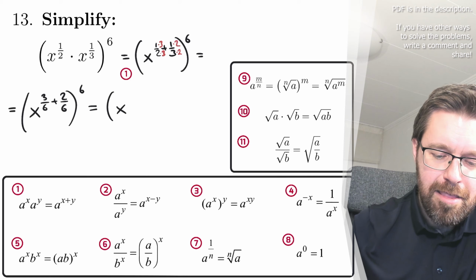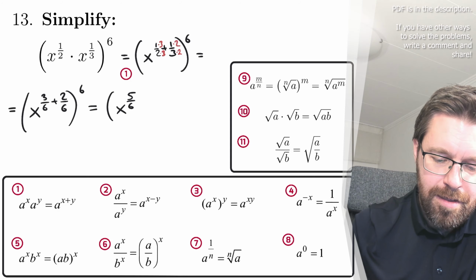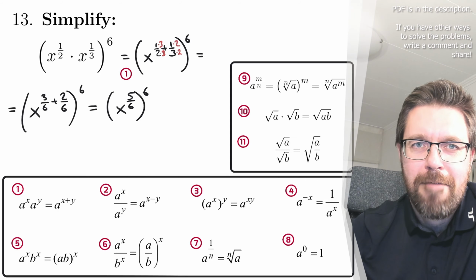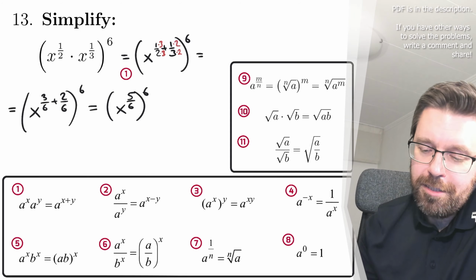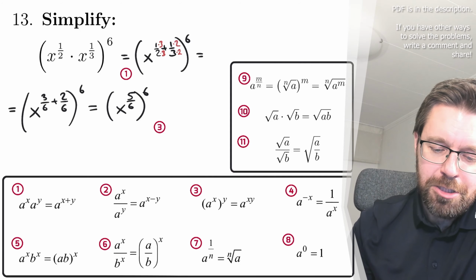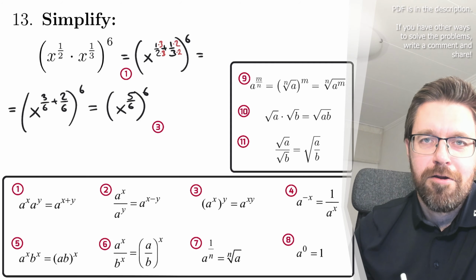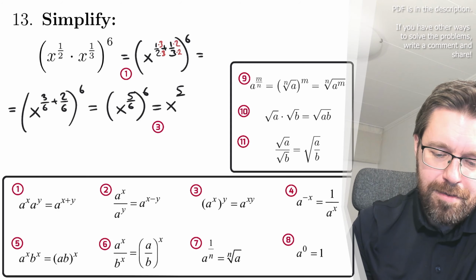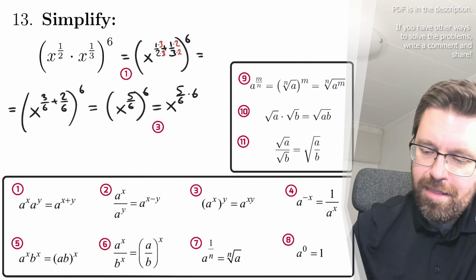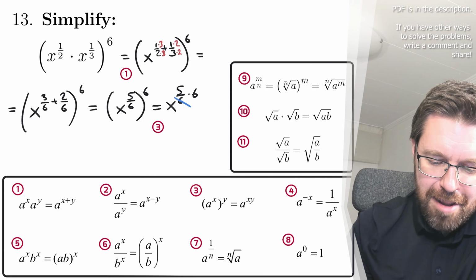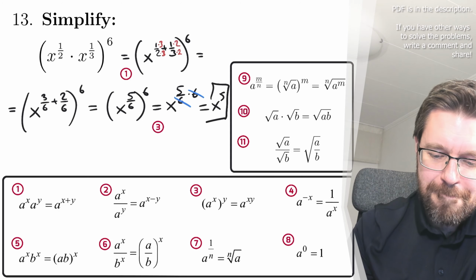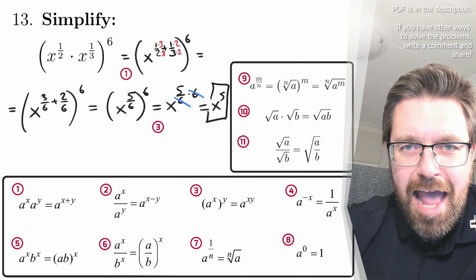So x raised to 5/6 and then raised to 6. Now we can use rule number 3 to multiply the exponents with each other, and then it will be x raised to 5 divided by 6 times 6, and the 6's cancel each other out, and it equals x raised to 5. And this, my friend, is the answer.